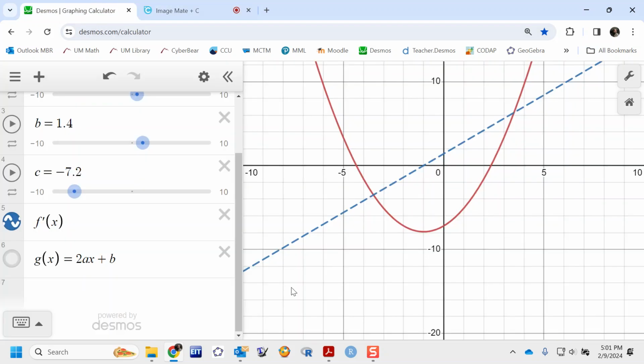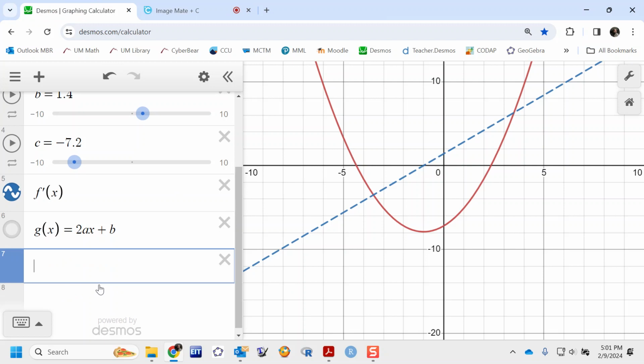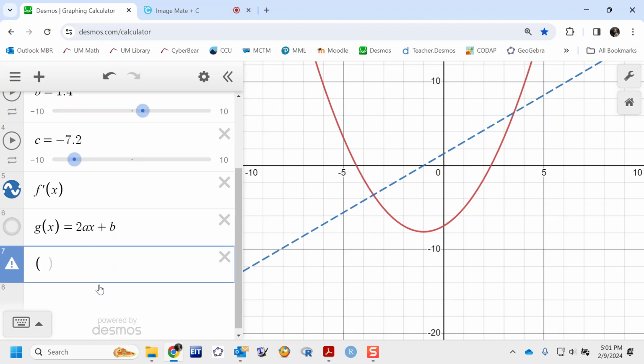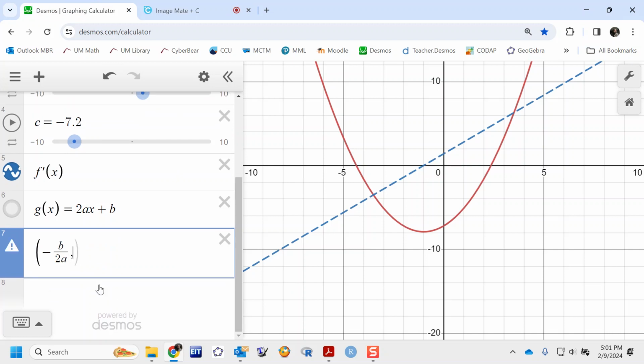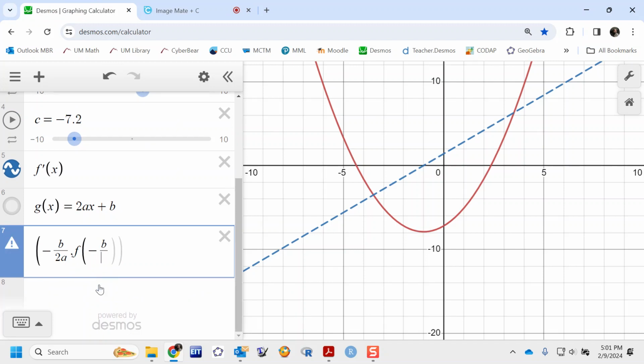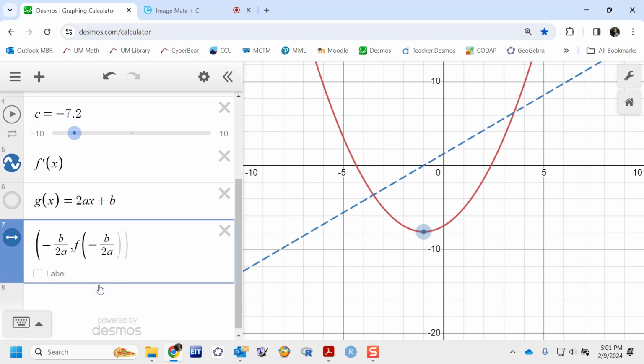So in Desmos, I can just type in ordered pairs as coordinates. So negative b divided by 2a, comma, f of negative b divided by 2a. And man, there it is, right? You see it on the graph.